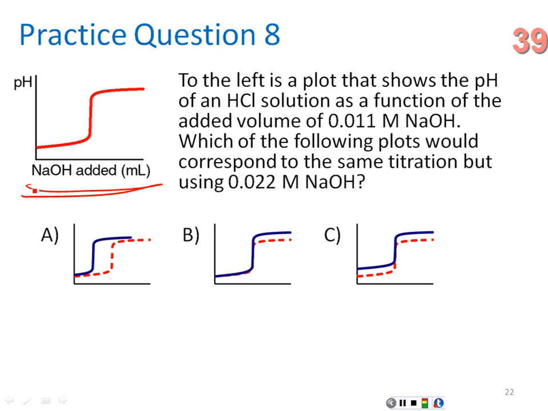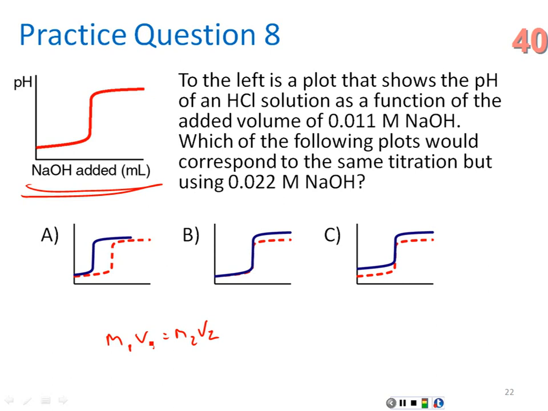If you can't think of it in those terms, just use the equations. M1V1 equals M2V2. Remember, M1 will be the acid. M2 can represent the base.